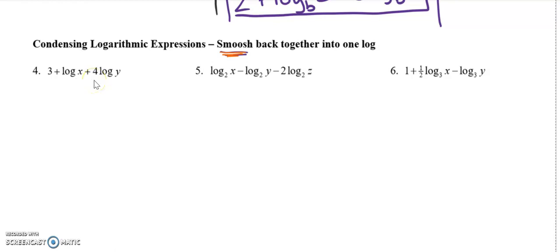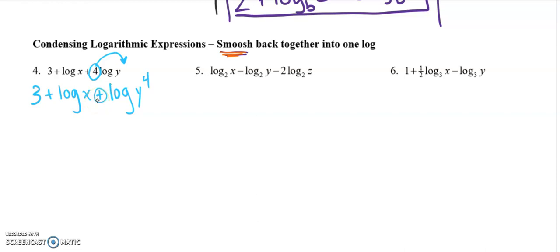First thing we're going to do is take any numbers out front and push them back up to the exponents they came from. That'll give us 3 plus log of x plus, nope, we're moving the 4 up, plus log of y to the 4th. Okay, then what?